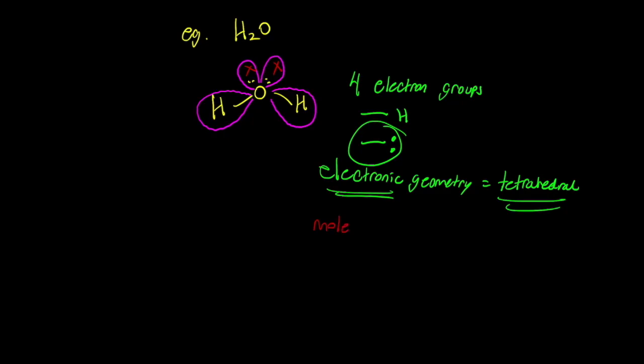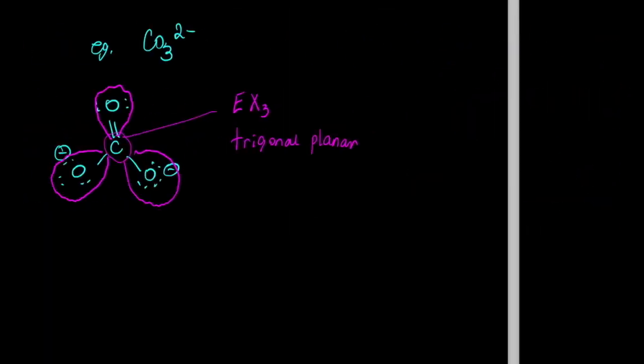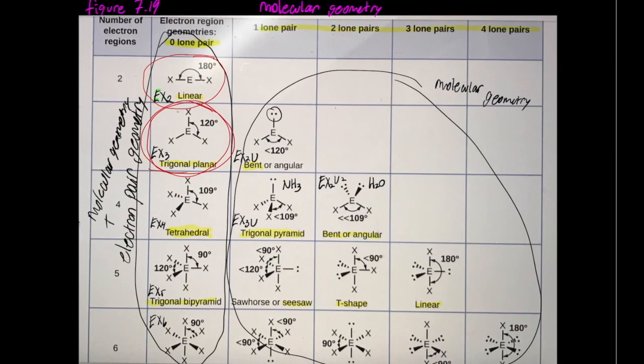Well, we pretend like the electrons are invisible, and the molecular geometry is going to be called bent. Let's go back to the table and make sure we can see that, okay? So we found 4 things attached. So that was a tetrahedral electronic geometry for the H2O molecule. And we saw that the molecule had 2 lone pairs, so it's bent. Okay, it's bent.